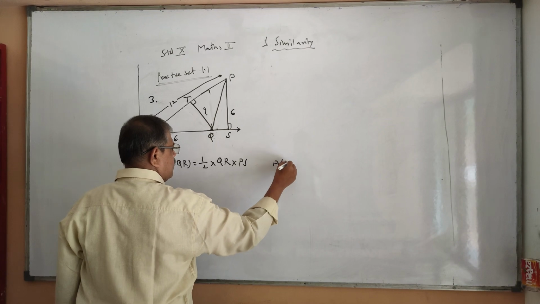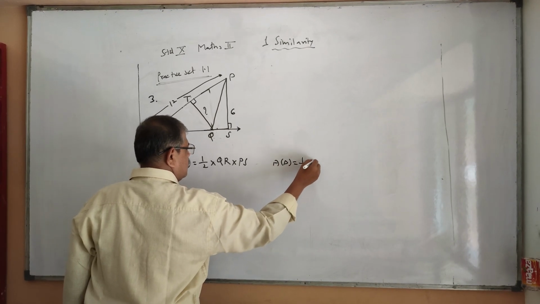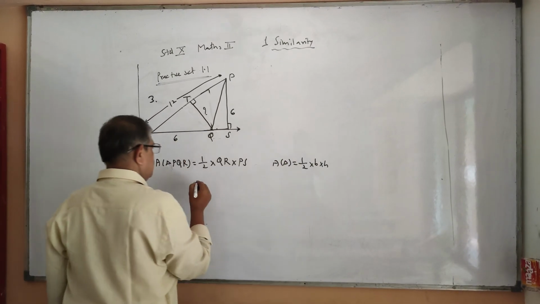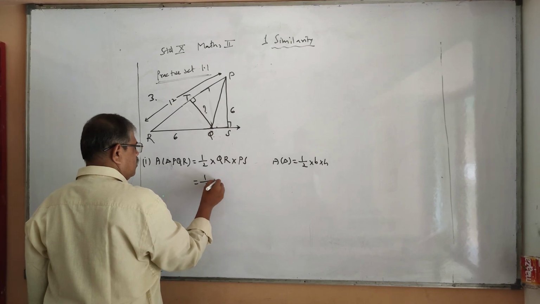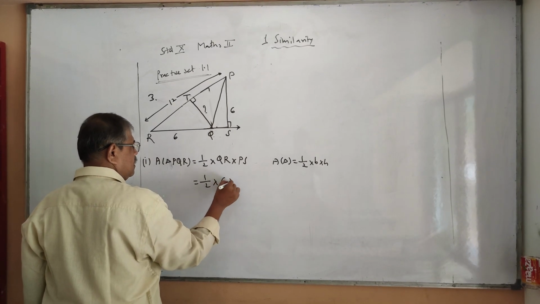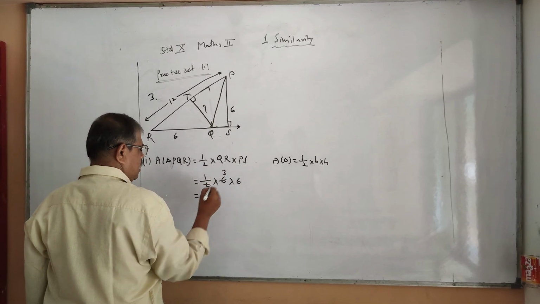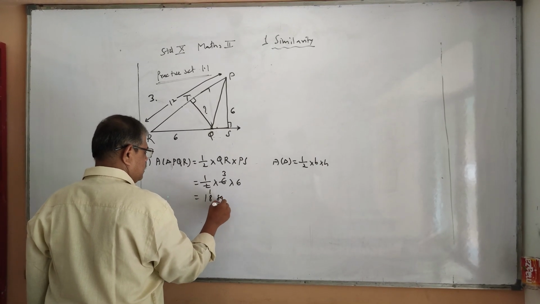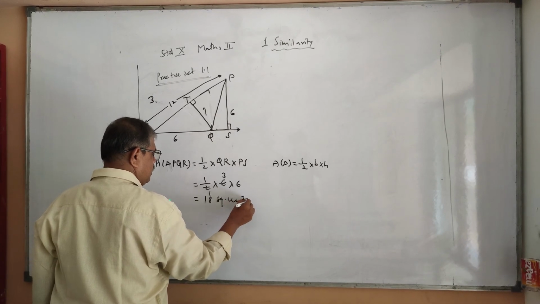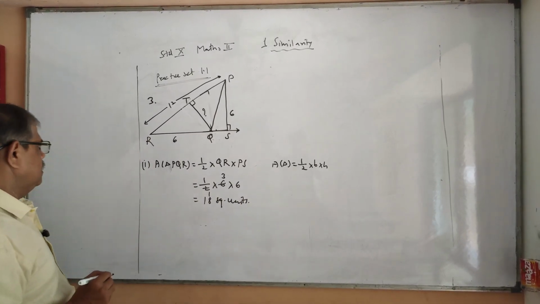Reason: area of triangle equals 1 by 2 into base into height. Substitute values: 1 by 2 into QR is 6, height is 6. So that is 18 square units, because units are not given in the question.